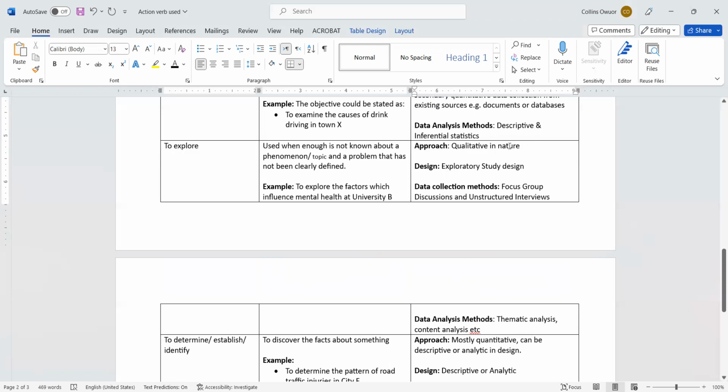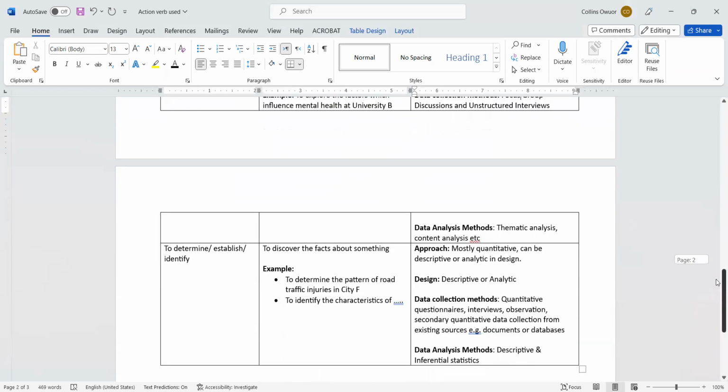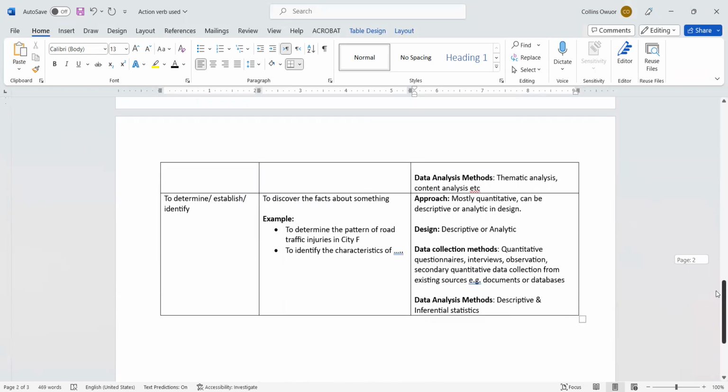The study design is an exploratory study design. Being qualitative, the data collection methods include qualitative methods, such as focus group discussions and unstructured interviews. Unstructured interviews are interviews where you don't have a schedule or an order in which you are going to ask questions.